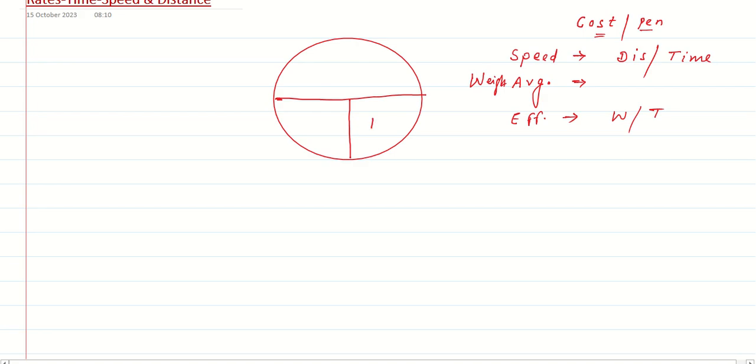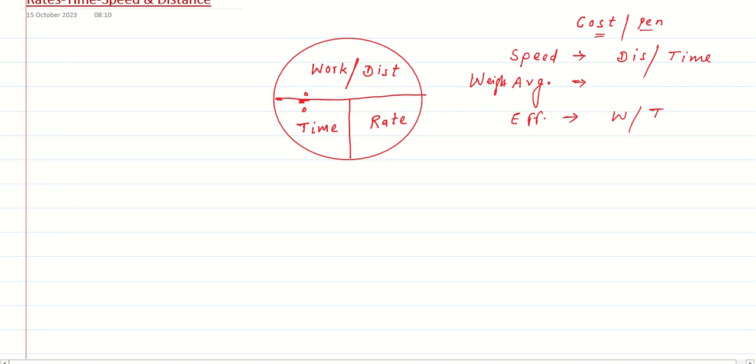So can I say the rate equals, in terms of efficiency, work, or in terms of speed, distance, divided by time?